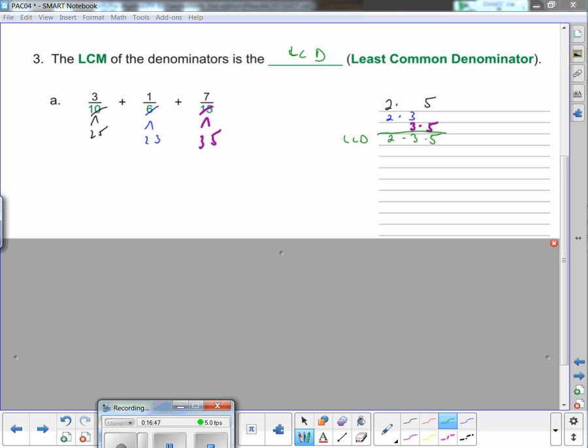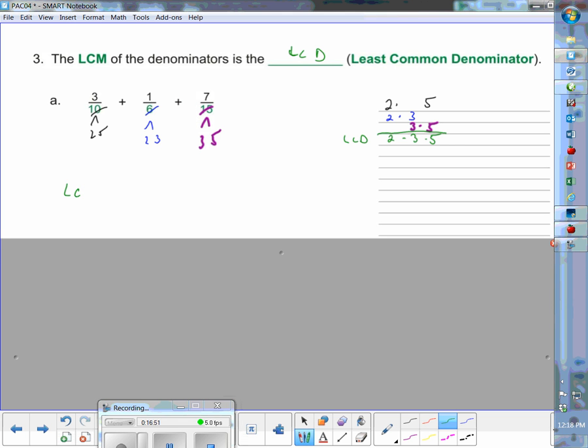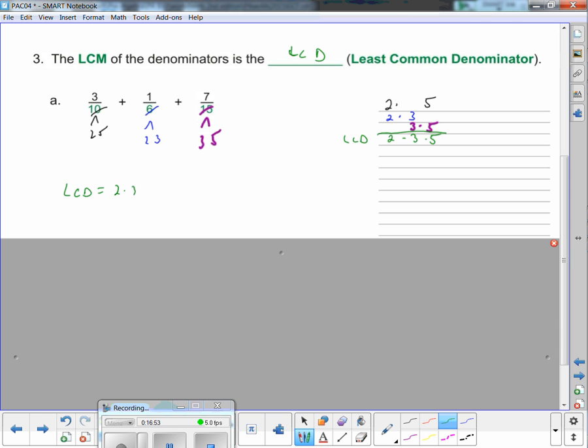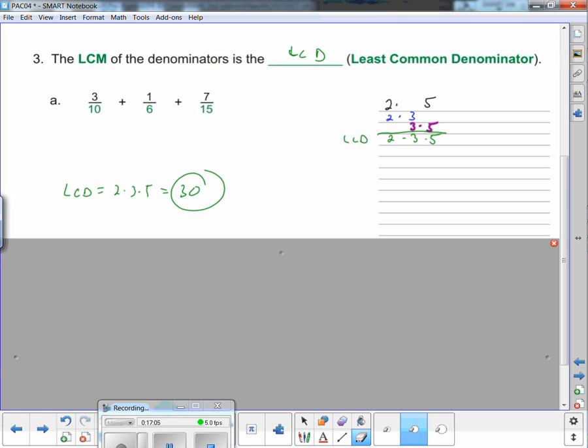Right. So in this one, the LCD is 2 times 3 times 5, which can easily be multiplied out to 30. Now, I picked easy numbers. I don't want you to do this in your notes. I just want you to watch for a moment, okay?